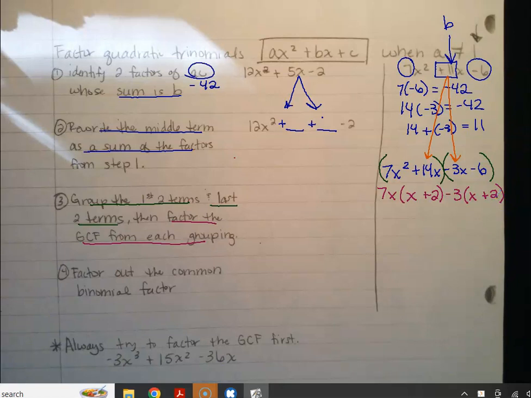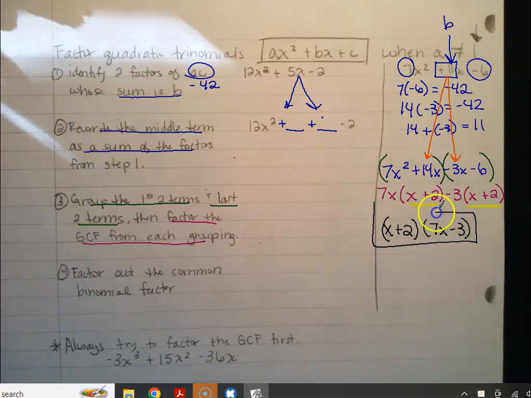And then x plus 2 and 7x minus 3, because remember, these are those common binomials. That's a common binomial. We factored that out the other day. So we can factor out x plus 2, and we're left with 7x minus 3.